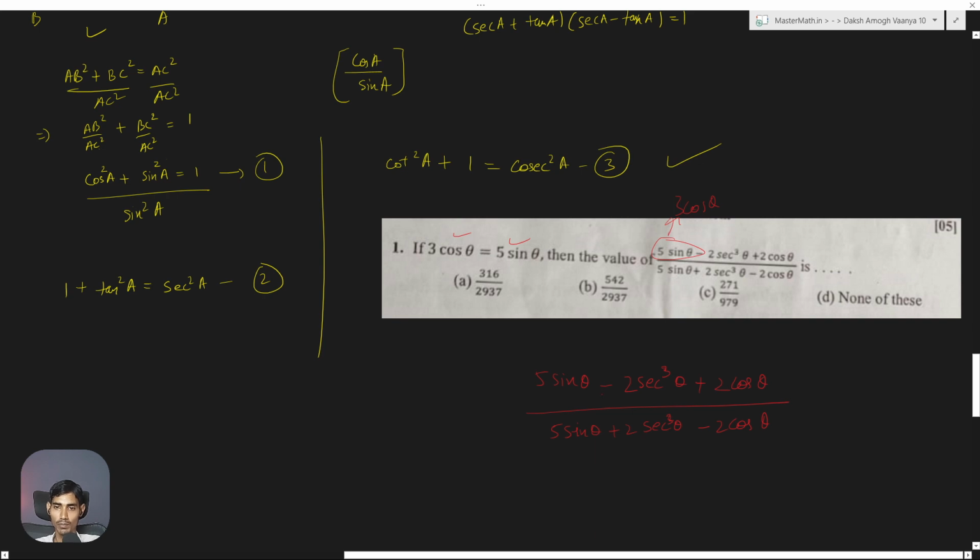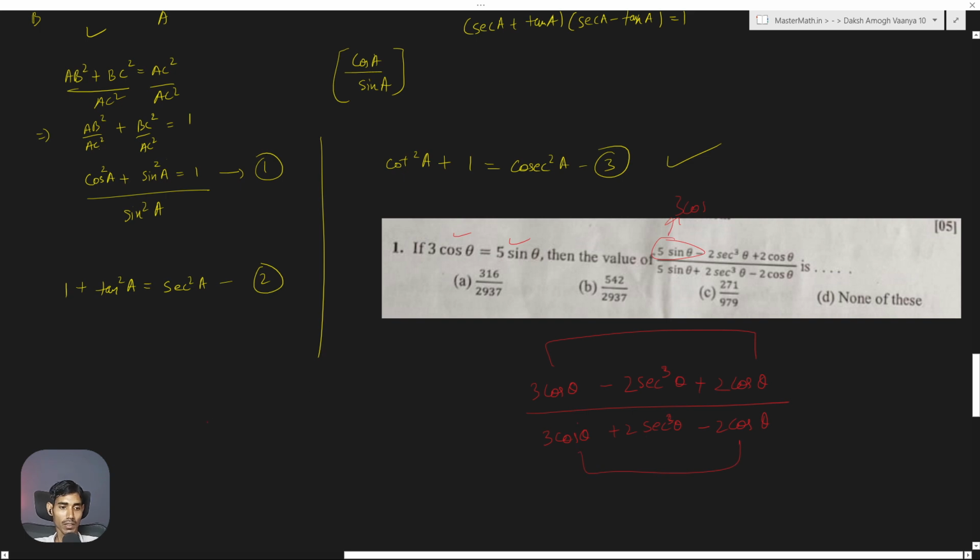That should be good. And if we do that, I'm doing this question for the first time, so there might be some short circuits, but let's see. 3 cos theta, and this is also 3 cos theta.